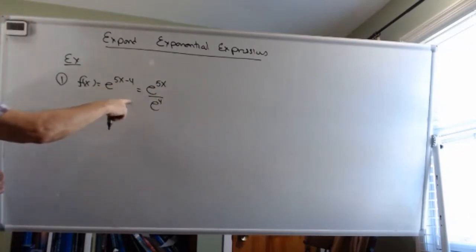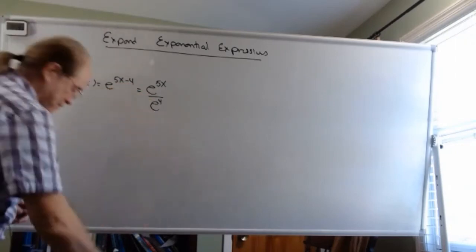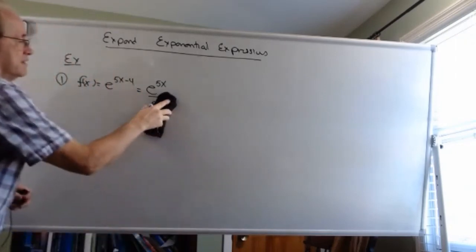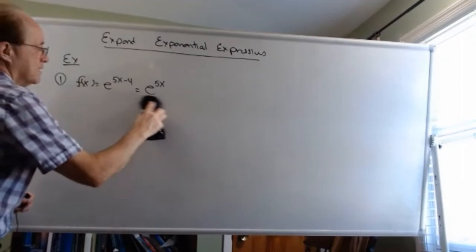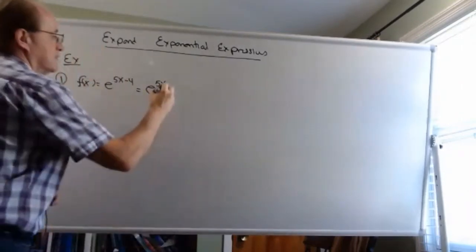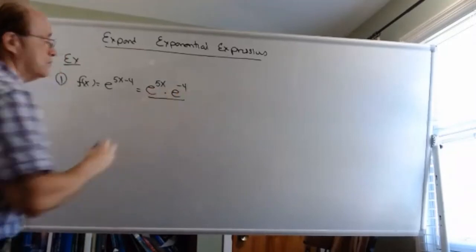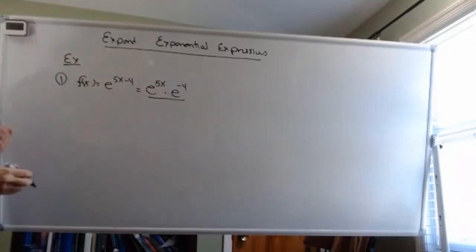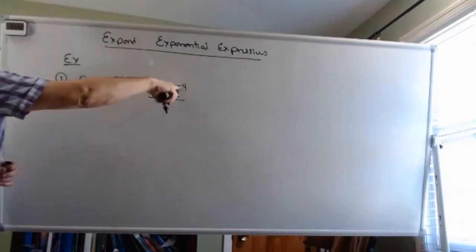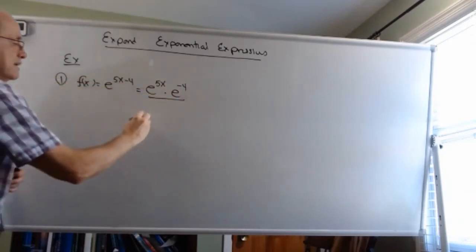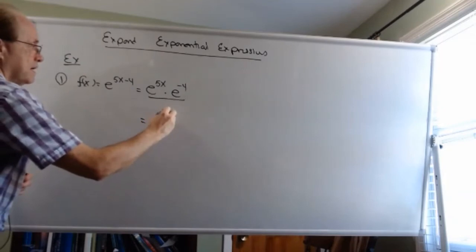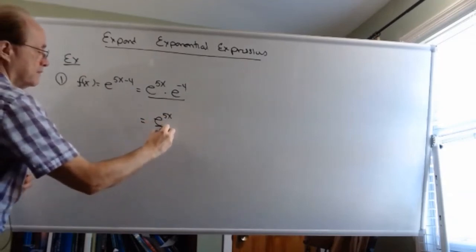Students don't see it right away, because I can write that as e to the negative 4. I'll do it in 2 steps rather than 1. There is the division rule in exponents, so you can do it in 1 step. Then that's a negative exponent, so let's move that down and make it a positive exponent.